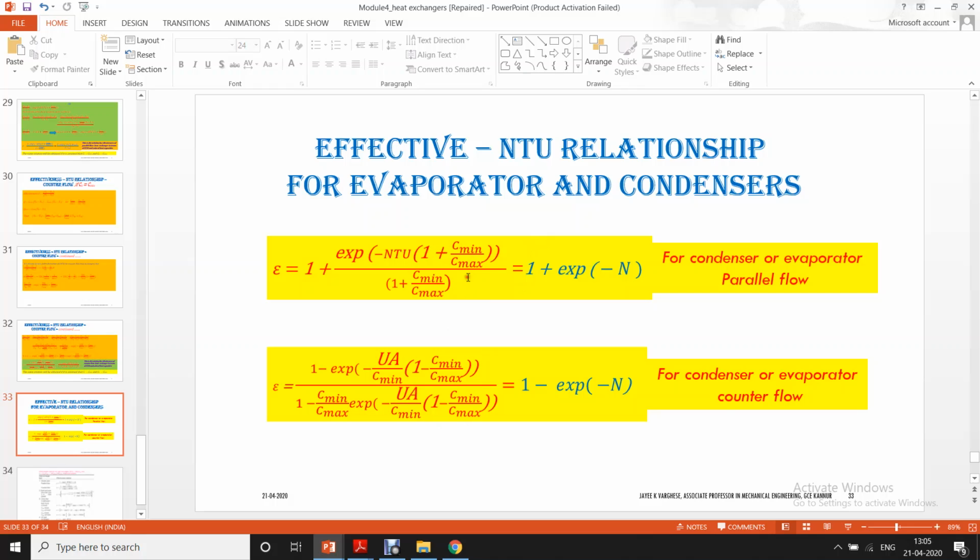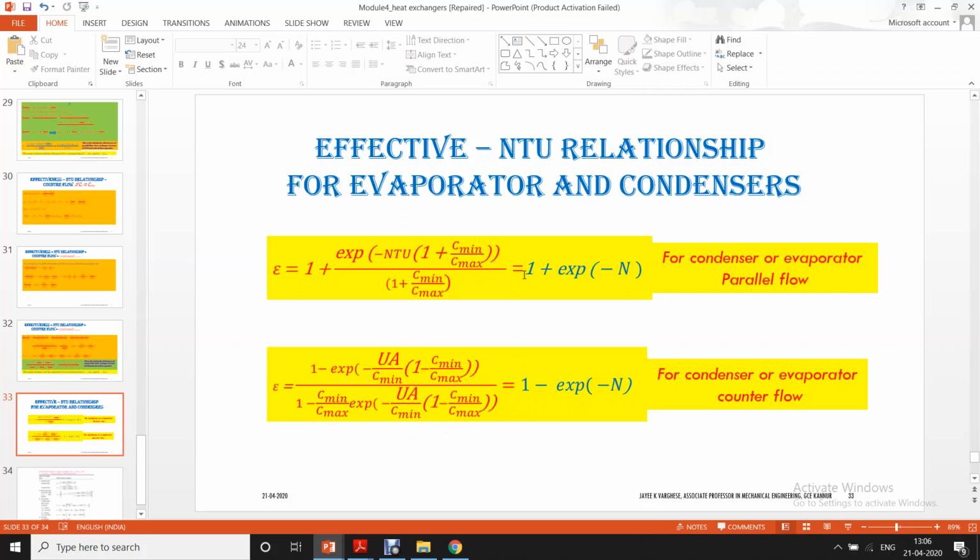In this relation, if we substitute Cmin by Cmax equal to 0, this will be 1 plus e to the power of minus NTU divided by 1. So 1 plus e to the power of minus NTU. Similarly, for counterflow, this will become 1 minus e to the power of minus NTU. This term will become 0 and the entire denominator will become 1.